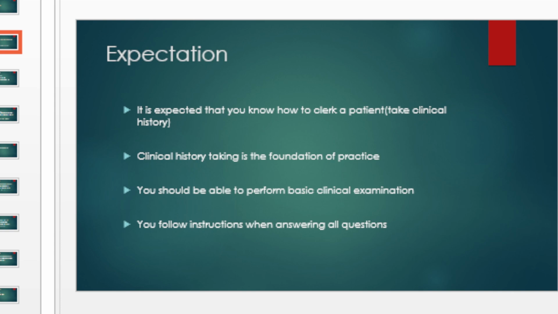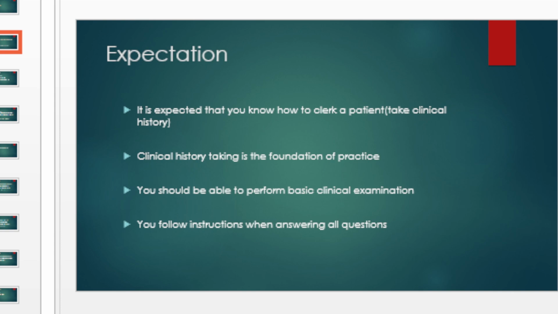And we expect that you know how to chronologically arrange your presenting complaint, from the one that occurred some time ago to the most recent. But when you're arranging presenting complaints, they shouldn't be more than 5, because if they are more than 5, it is crowded, right? So we expect that you know how to do that.